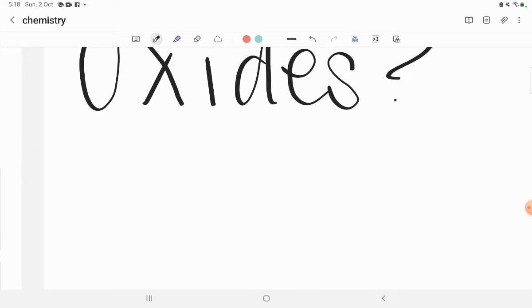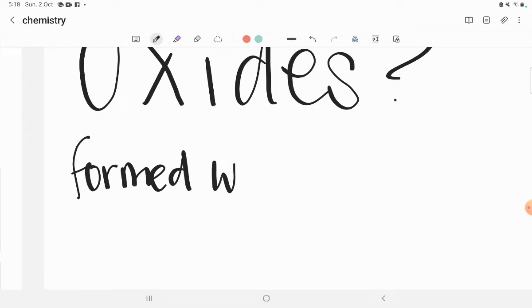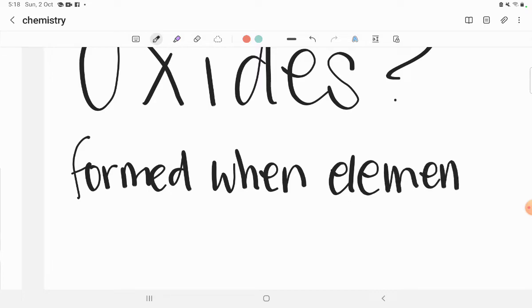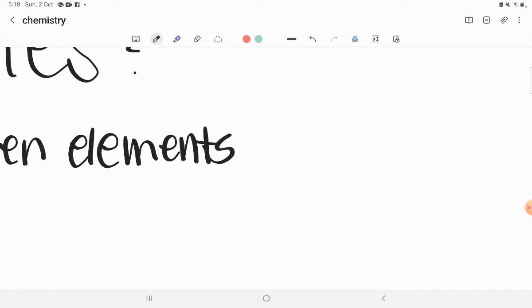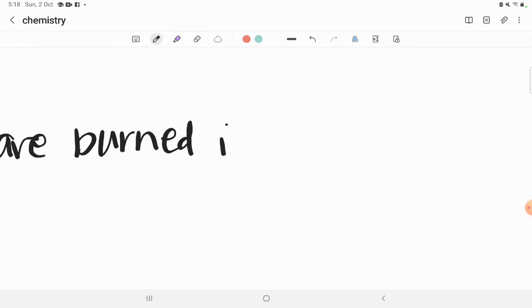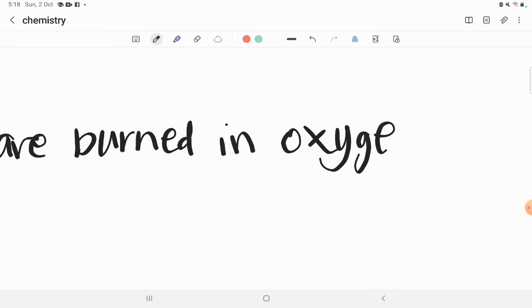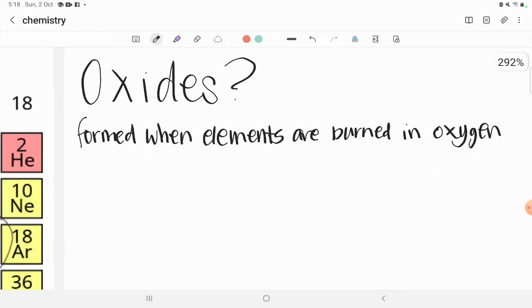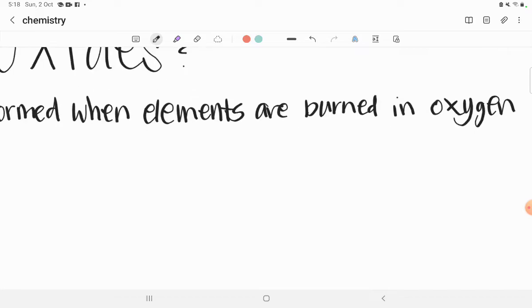Oxides are formed when elements are burned in which substance? In oxygen. Oxides are formed when elements are burned in oxygen.